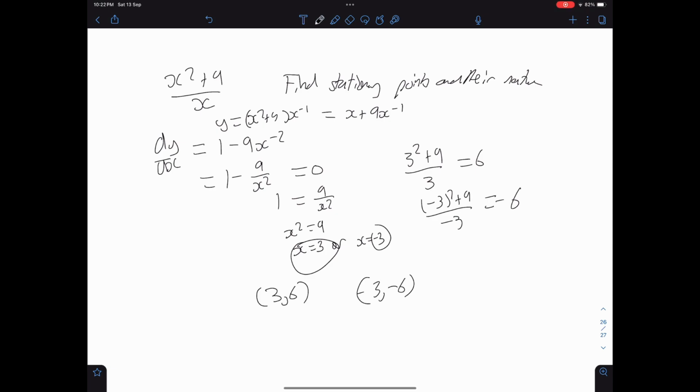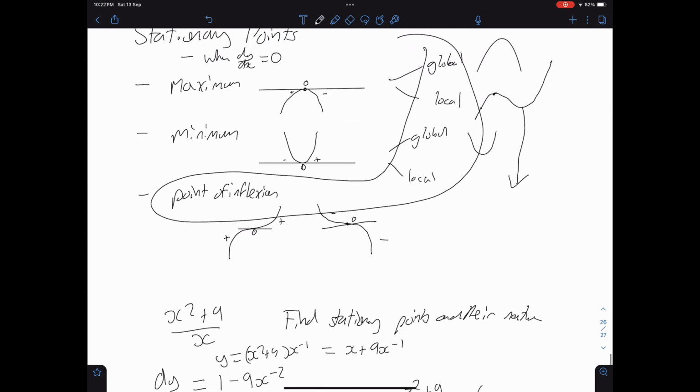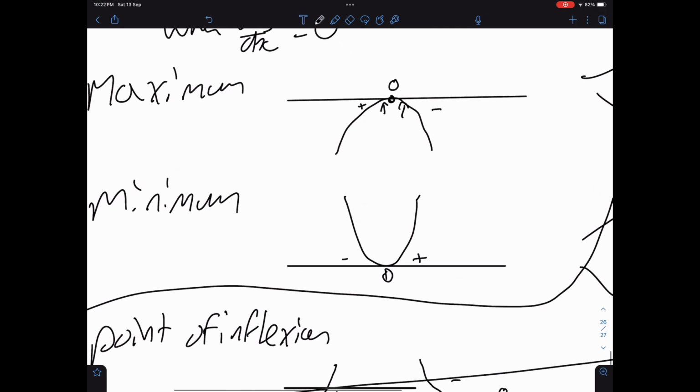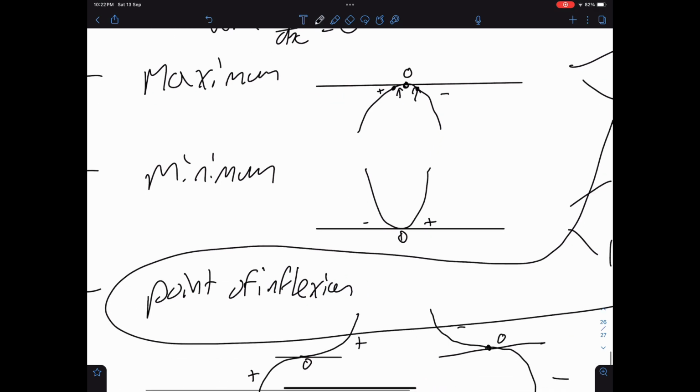But now how do we find their nature? If we think about this, we can just do the gradient to one side and the gradient to the other side. If it goes positive on the left and negative on the right, then that'll be a maximum.